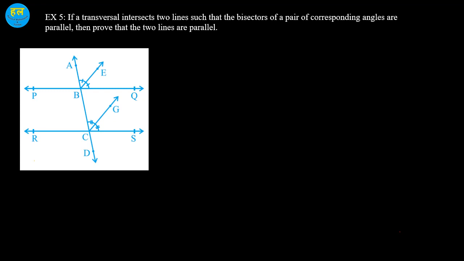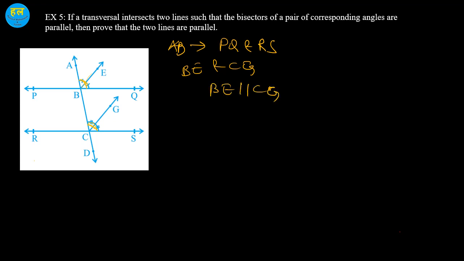What we have here is that this transversal AD is intersecting two lines PQ and RS, and the bisectors of corresponding angles, which is this one. These are the corresponding angles of both lines, and the bisectors are BE and CG.